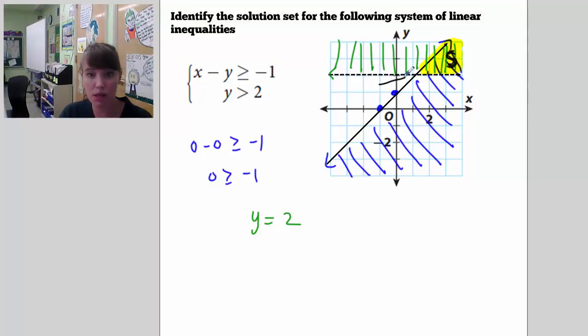This little point right here, which is the point 1, 2, is not a member of the solution set because it satisfies only one inequality. It is true that 1 minus 2 is greater than or equal to -1, but it's not true that the y value is greater than 2. So it satisfies one inequality but not the other, so it can't be part of the solution set to the system.